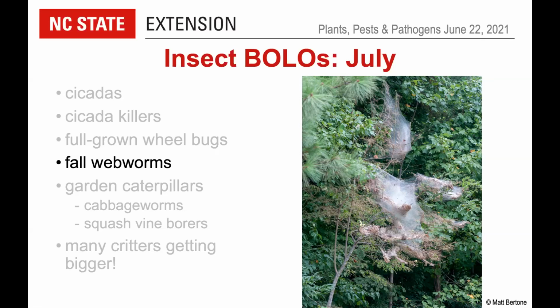If it's so extensive like this, you can rip open some of the webbing and allow natural predators to get them, or spray nearby foliage with some approved products. But by the end of the summer, the trees have gotten a lot of energy already. They can usually withstand some infestations of fall webworms.